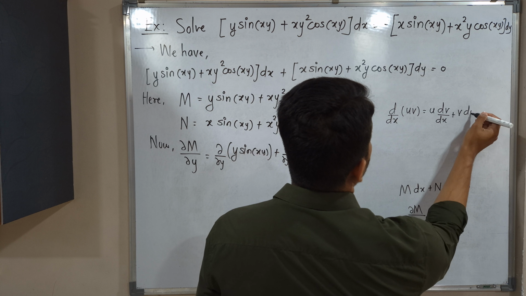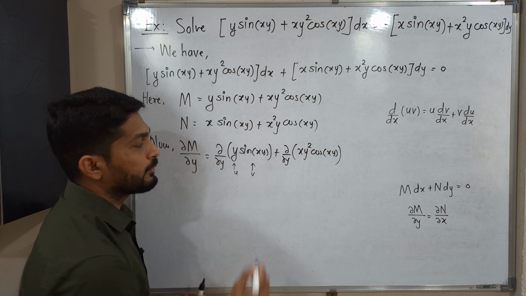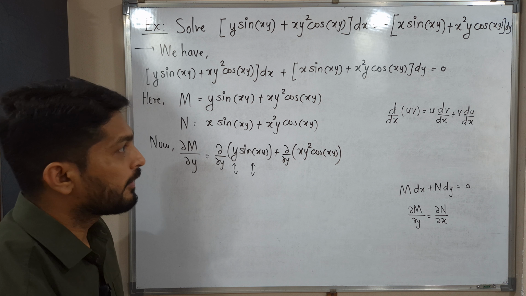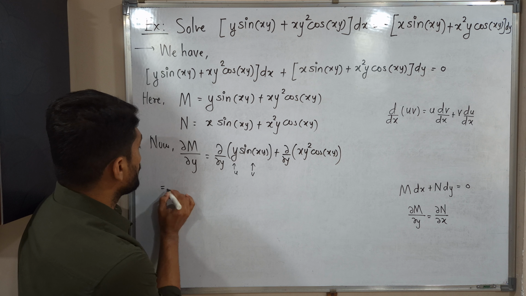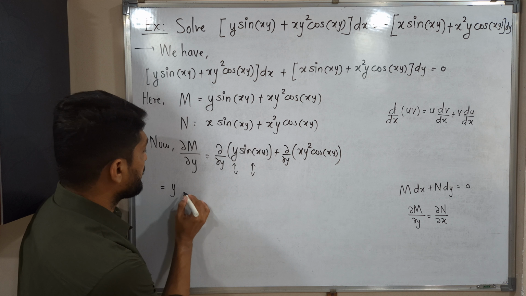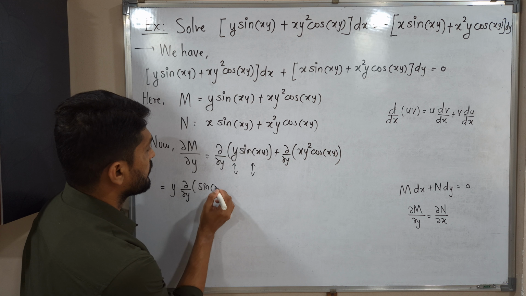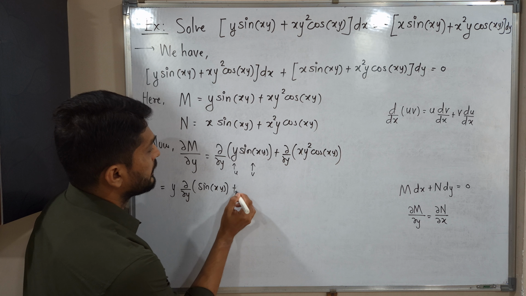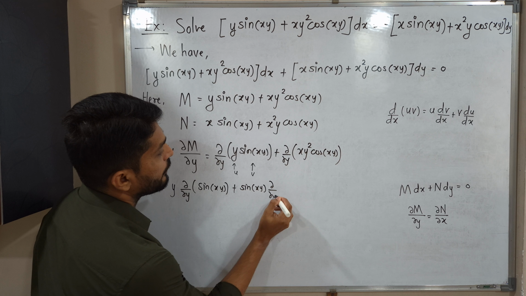So y is my u, and sin xy is my v. With the help of that formula, first into derivative of second plus second into derivative of first: y as it is, I will take the derivative of sin xy, plus sin xy as it is, I will take the derivative of y.